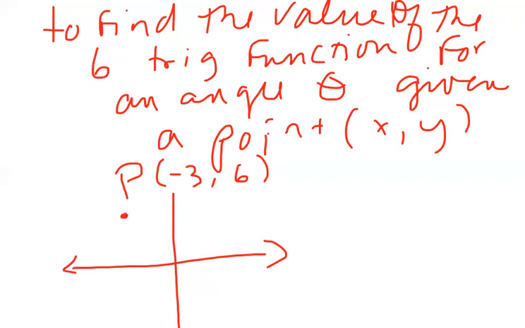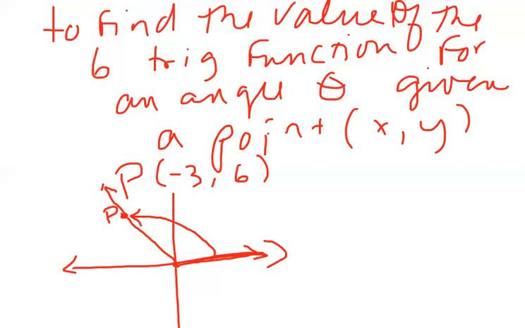So guys, if this represents point P, and remember when we talk about these angles in standard position, we have the vertex at the origin, and so the angle, remember, this is the initial side, so the angle would travel from here to the terminal side, which is where point P is located.